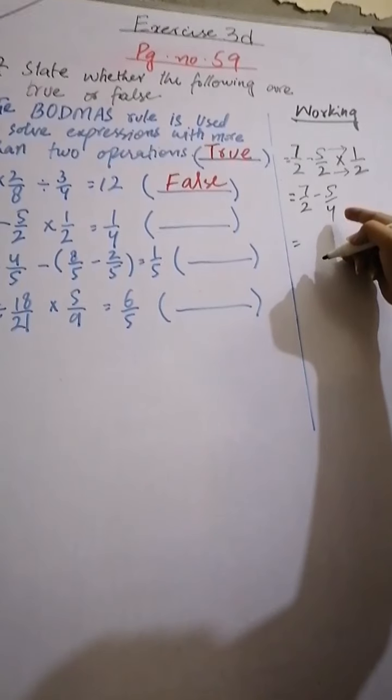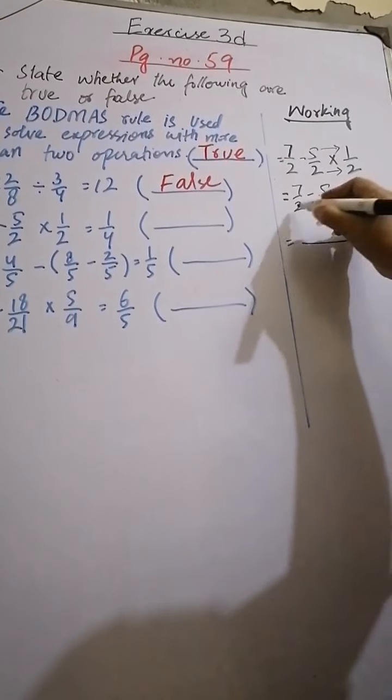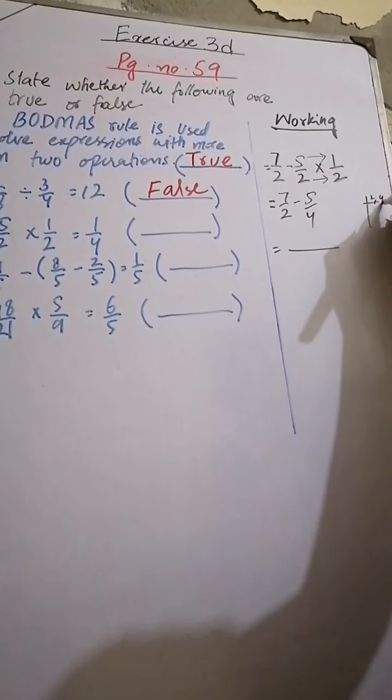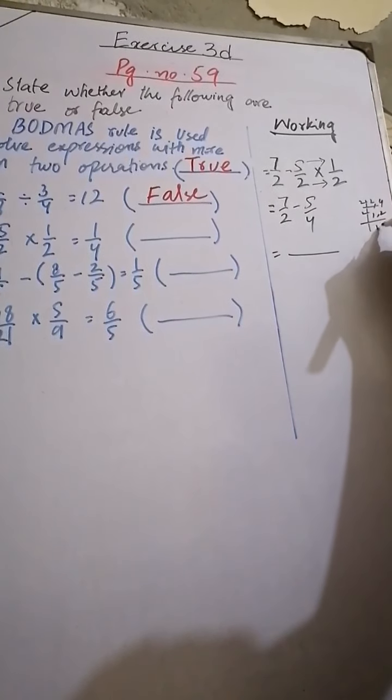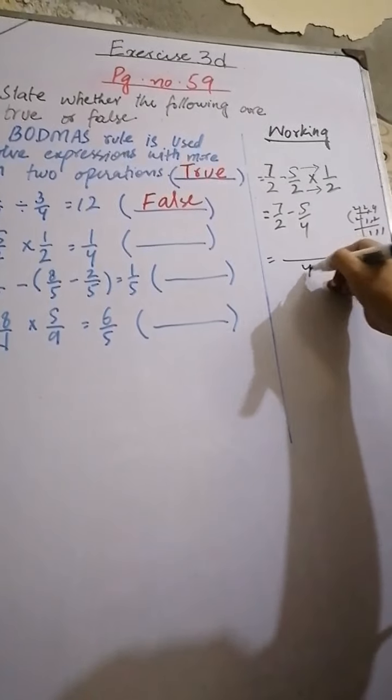So it's minus sign, so LCM of 2 and 4, 2 1s are 2, 2 2s are 4 and 2 1s are 2, so 2 2s are 4 is our LCM.